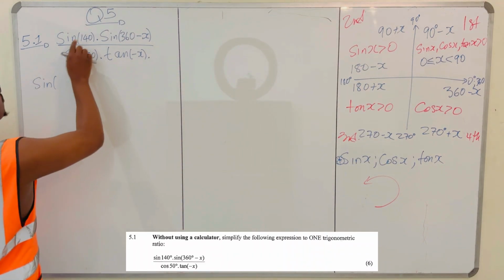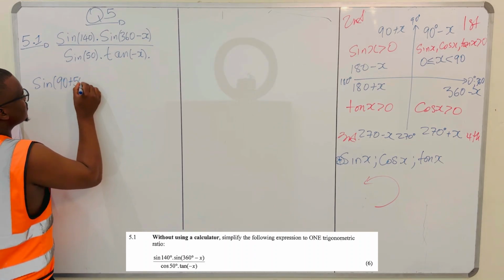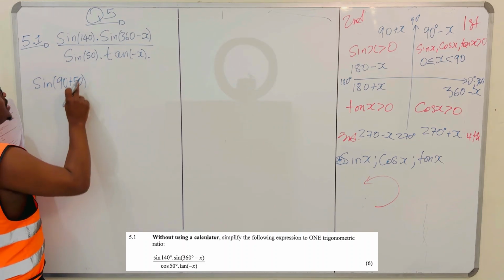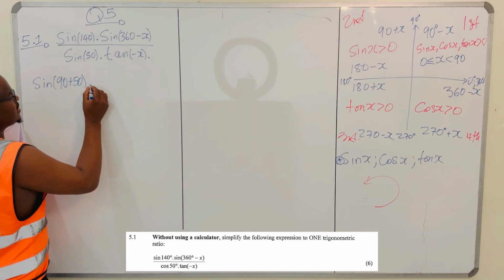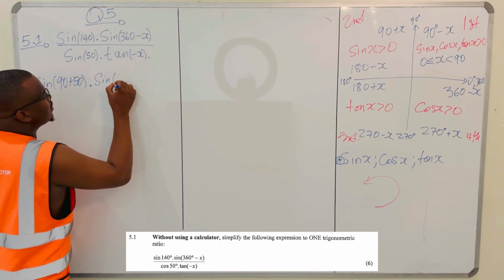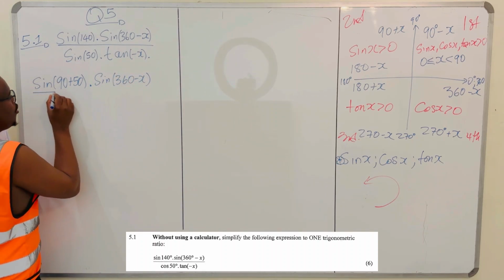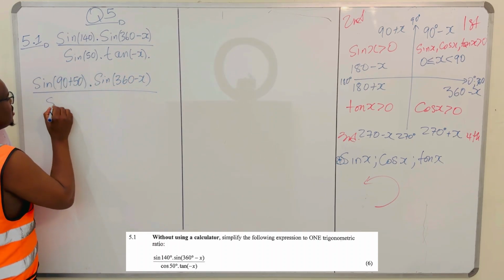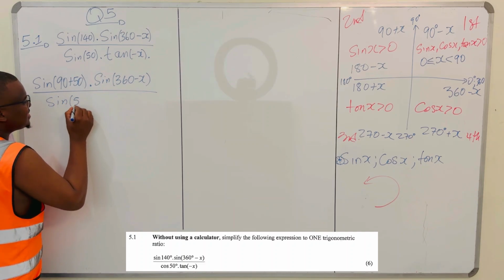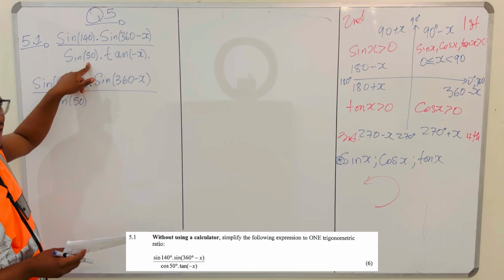So I'm going to write this 140 as 90 plus 50 degrees. So this now is the same as this one, times, I'm going to write this as is, sine 360 minus x, all divided by sine 50. There's nothing that I'll do with this sine 50. Why? Because sine 50 degrees is an acute angle.